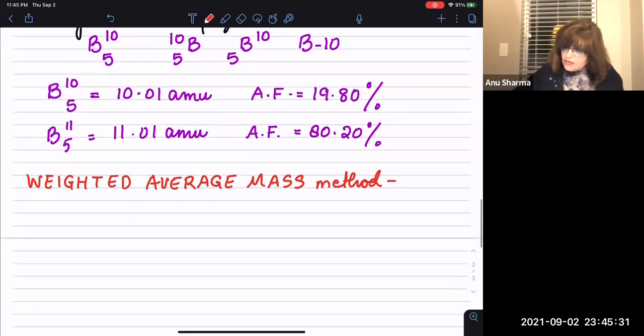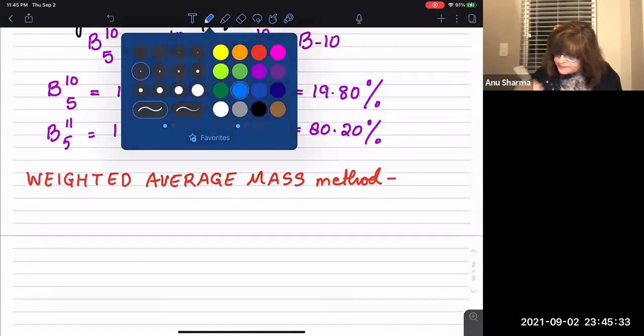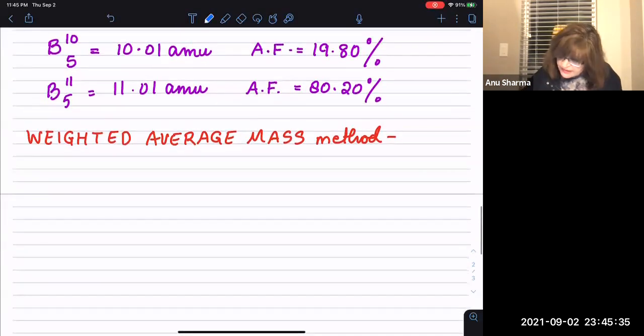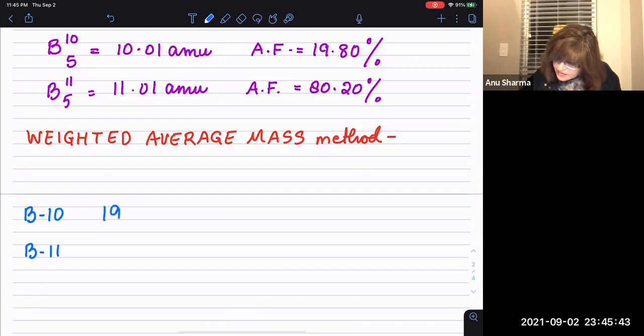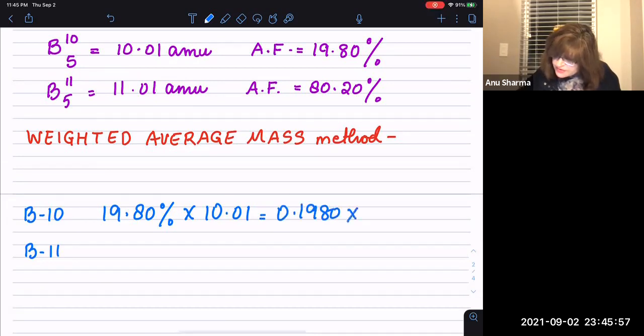All right, so let's just set it up. So boron 10 and boron 11. So we have 19.80% times 10.01, which is equal to 0.1980 times 10.01.